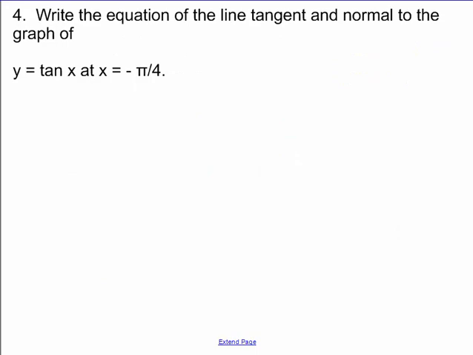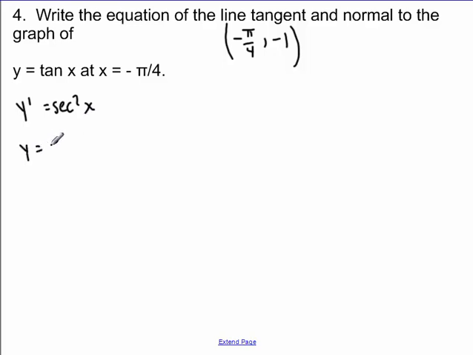Okay, writing the equation of a tangent line and normal line of y equals tangent x at negative pi over 4. So remember, we need a point. Negative pi over 4. The y coordinate, when I plug in negative pi over 4, I get a negative 1 out. Now to get your slope, you take the derivative. Derivative of tangent is the secant squared.